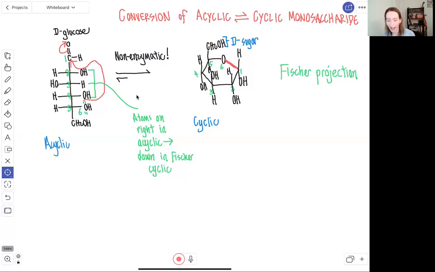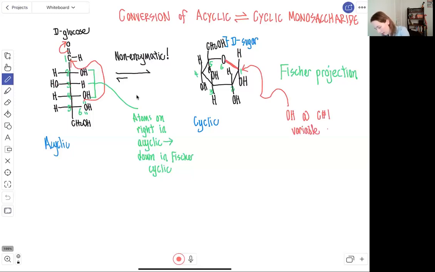Now, if we have the hydroxy group oriented downward, as we see here at position 1, I mentioned earlier that the hydroxy group at position 1 is variable in configuration.